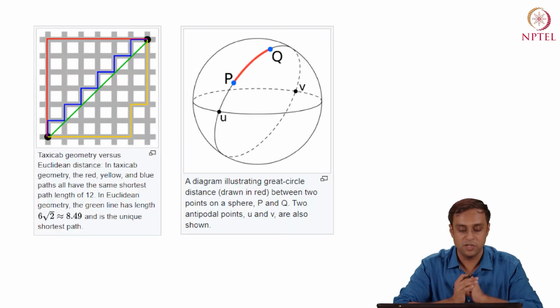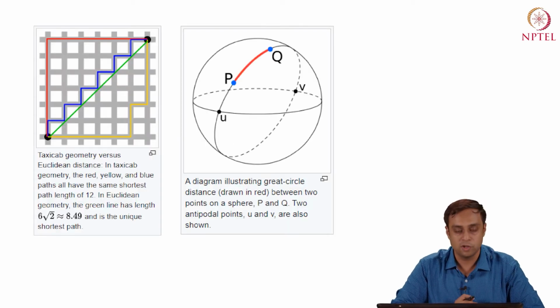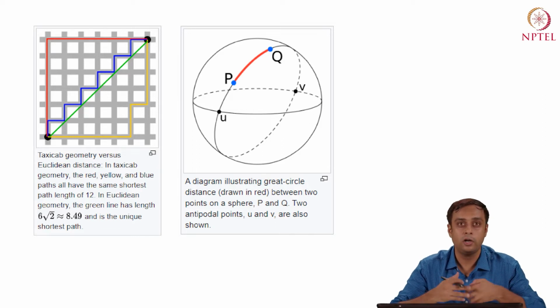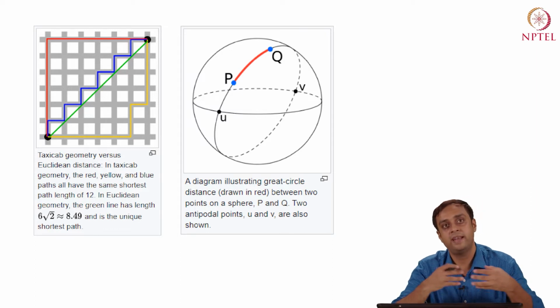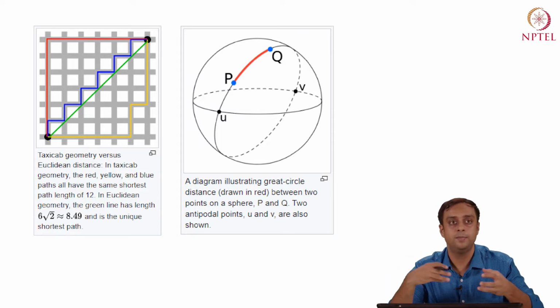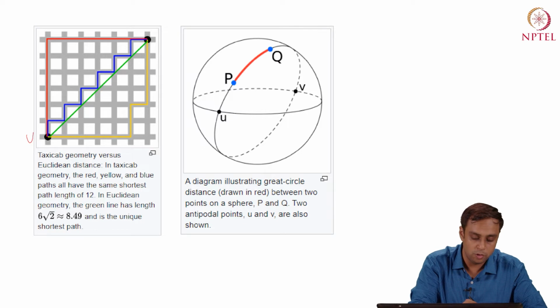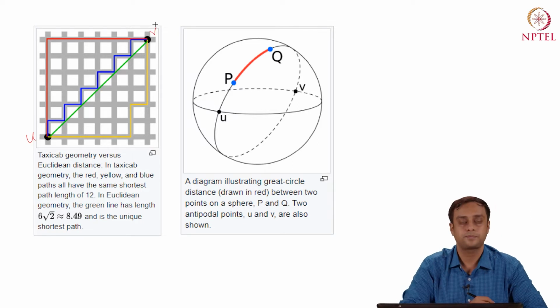So let's go back and visualize this. On your screens on the left, you have a picture which shows a red line, a blue line, and a yellow line, all of which are alternative routes that a taxi cab would take between city blocks to arrive from point u to point v.